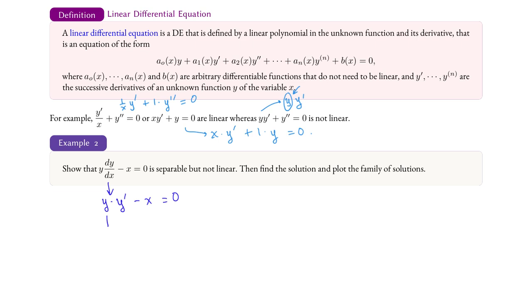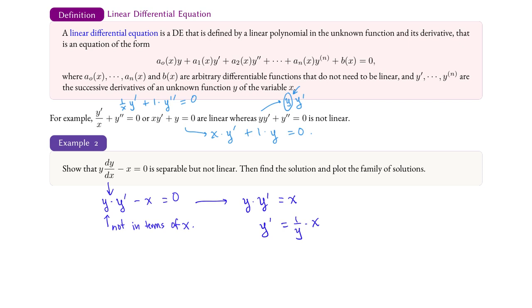The function that multiplies y prime is y, so it is not in terms of x, not linear. However, we can separate the variables, y on the left hand side, x on the right hand side, as y times y prime equals x, or y prime equals 1 over y times x.